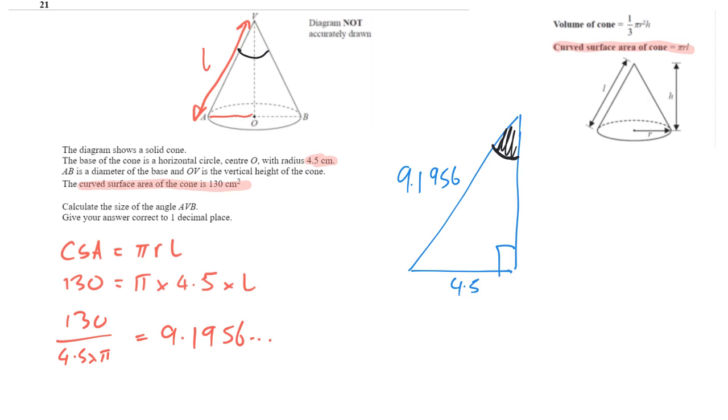I can use basic trig here because I can recognize that I've got the opposite and the hypotenuse, so I can use sine. Call this angle theta. So sine of theta is equal to opposite over hypotenuse.